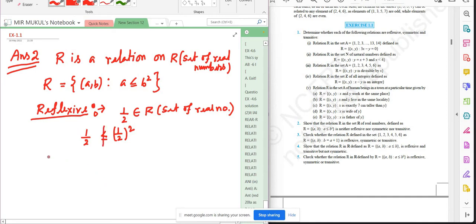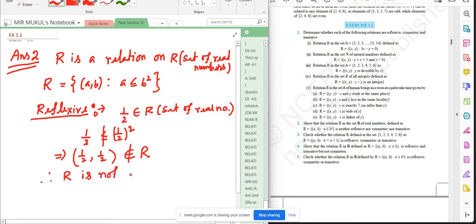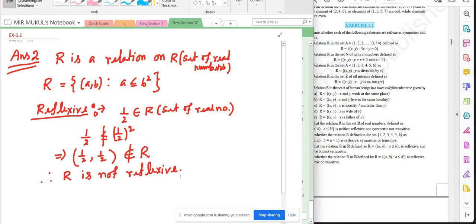We will cut it. It means (1 by 2, 1 by 2) does not belong to relation R. Understood? Therefore, we can say that R is not reflexive. Okay.